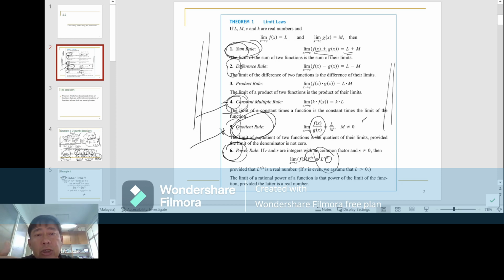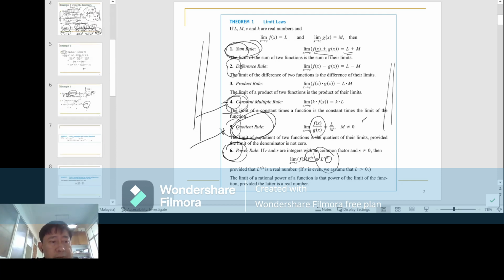Here h is expressible in terms of the functions f and g. So here we have some preliminary tools that allow you to obtain the limit of some new function.